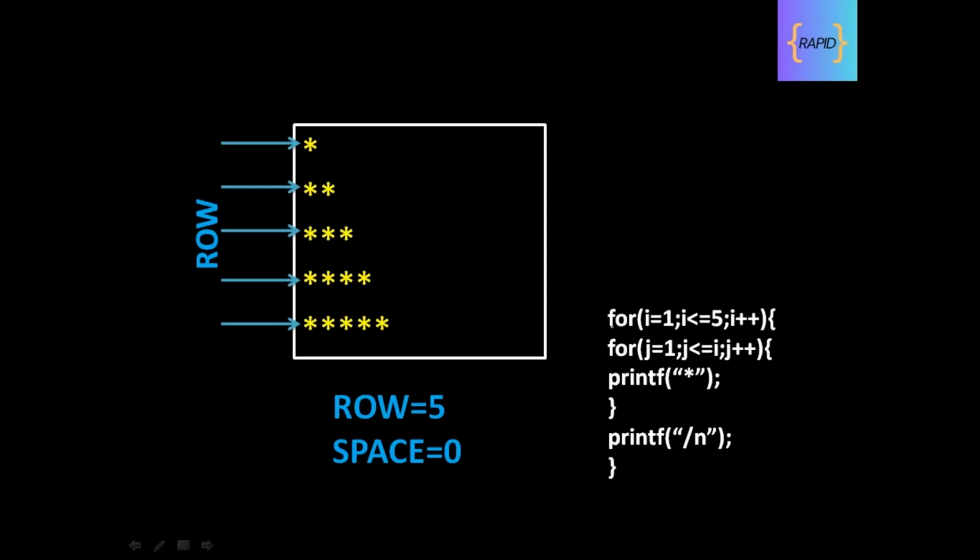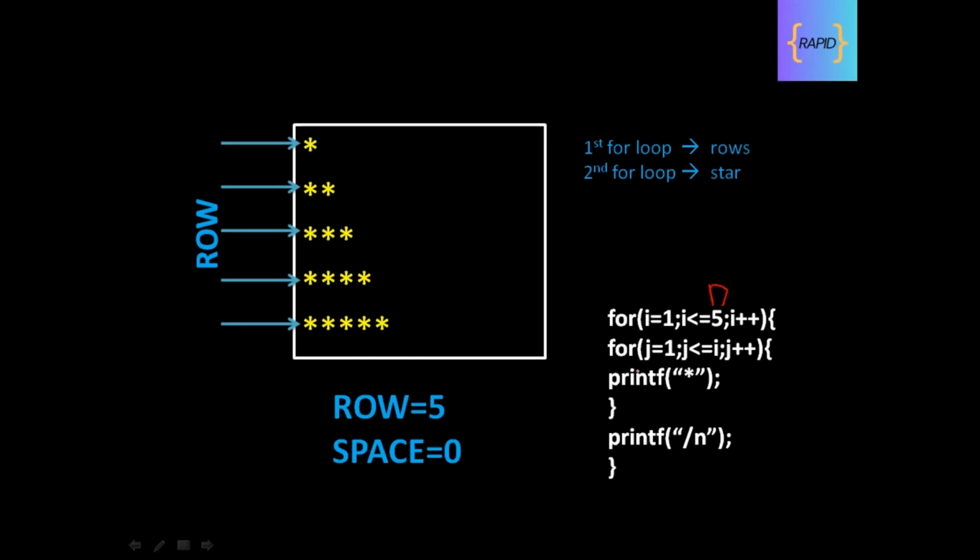See here, we're using two for loops. One for loop is for our rows, and one for loop is for our stars. We start one for loop with i equals 1, and we compare it with the number 5 because we have 5 rows. You can take any number here according to your pattern, and then we increment i by 1.